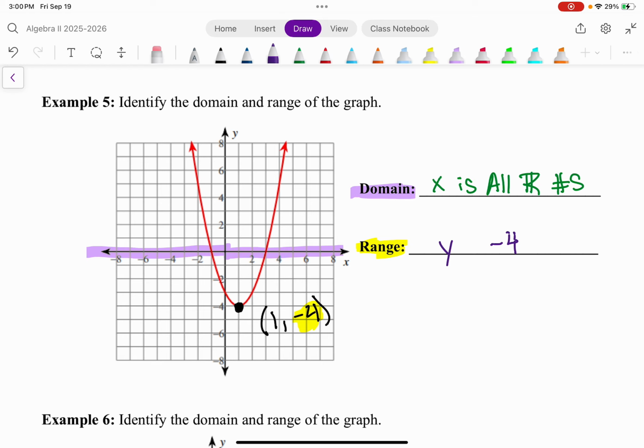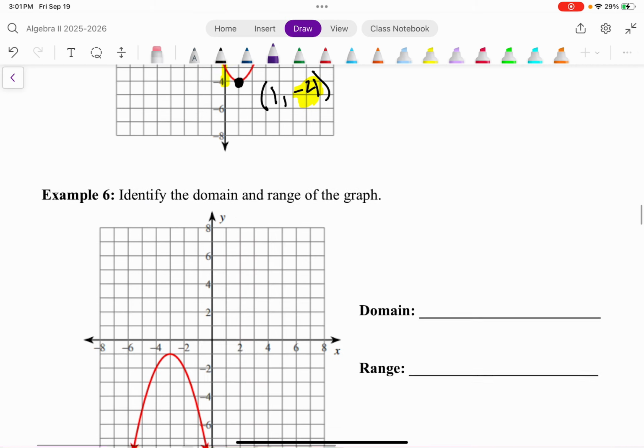Then you need to decide, is y going to be greater than or less than that value? But it's always going to be equal to. And in this one, if we look at our graph, it is going up. So all of these y values end up being greater than -4. And that's how you are going to tell which inequality sign to finish your range with.